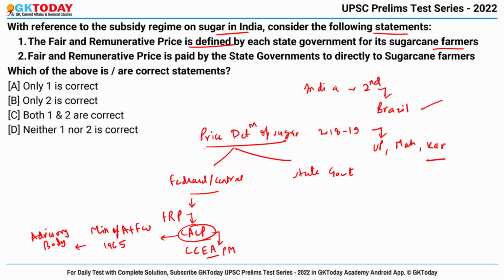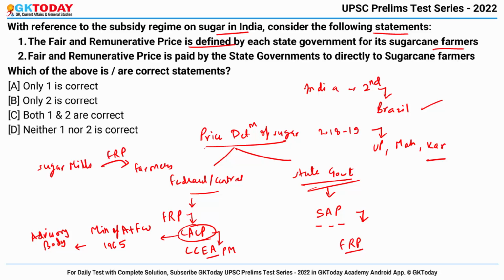And talking about state government, SAP, that is state advised prices, are announced by key sugarcane producing states which were generally higher than FRP. Okay. So basically the FRP is the price paid by the sugar mills to the sugarcane farmers. And this FRP is determined by CACP and not by each state government. Okay. So this is wrong.